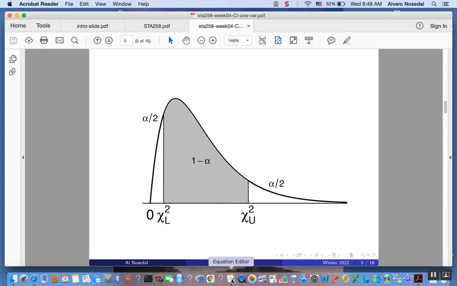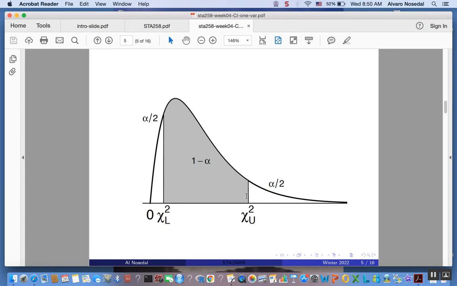So, well, one thing that we can do, right, is we could just do a little bit of algebra. Note that one possible value for these guys would be chi-square sub L would satisfy that the area to its left is alpha divided by 2 and chi-square sub U is alpha divided by 2, right? You could propose something different, right?